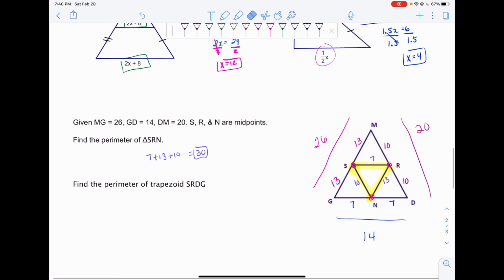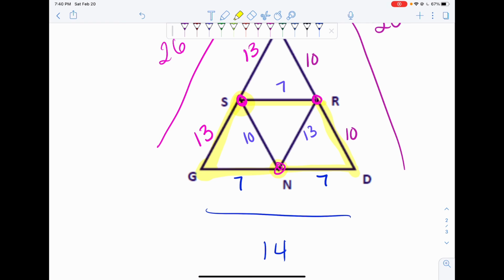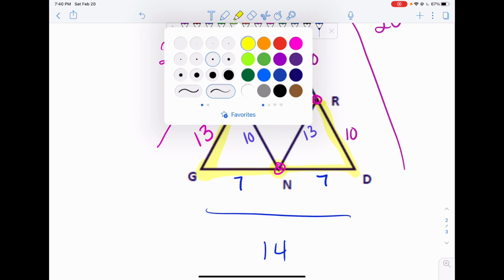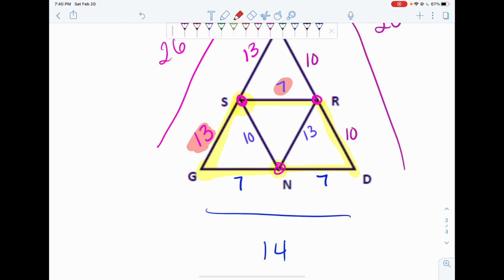I now want to find the perimeter of trapezoid SRDG. So if I look, the trapezoid has side lengths of 13, 10, and 3 sevens.